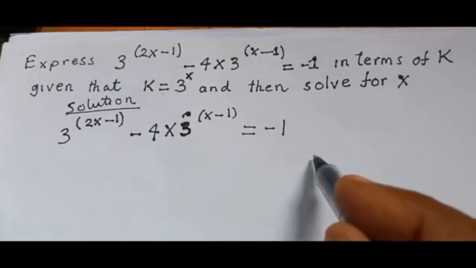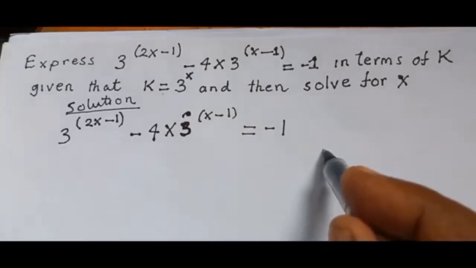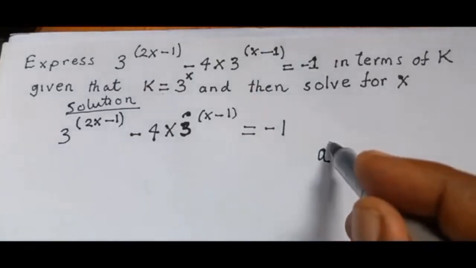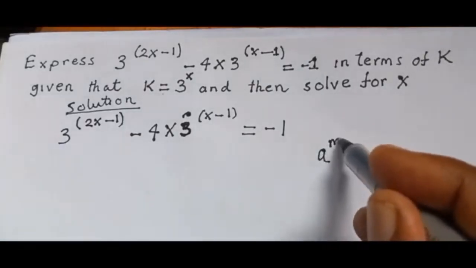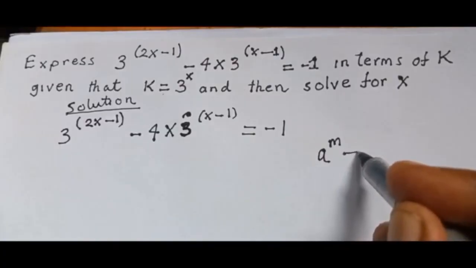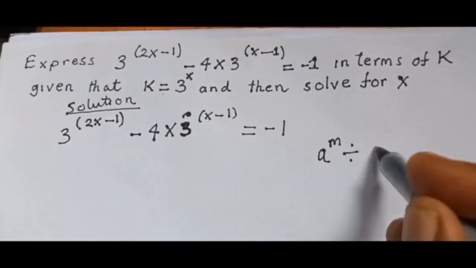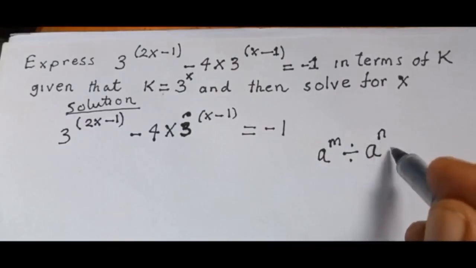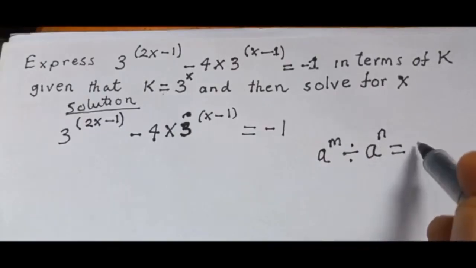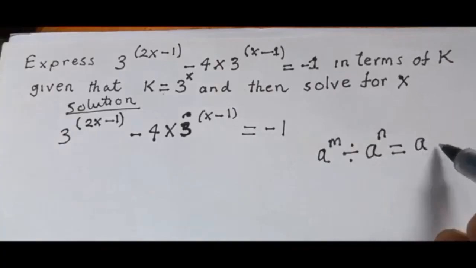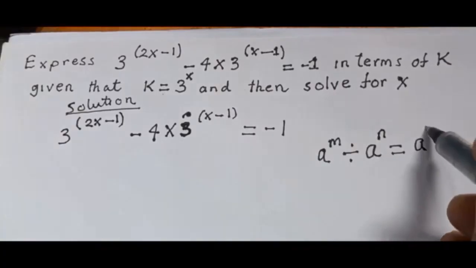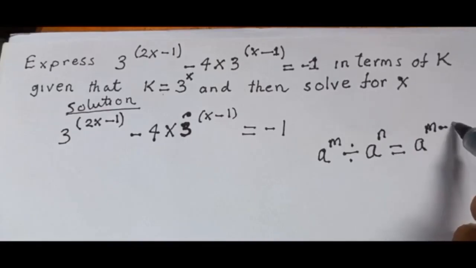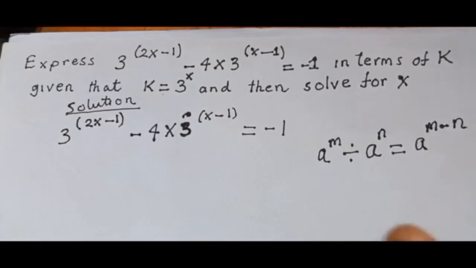We know a raised to m divided by a raised to n is equal to a raised to m minus n.